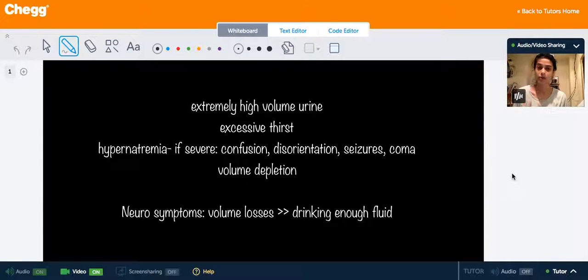So only when the patient does not have enough access to water intake, that is when you're going to have very, very severe hypernatremia. So that's something to keep in mind.